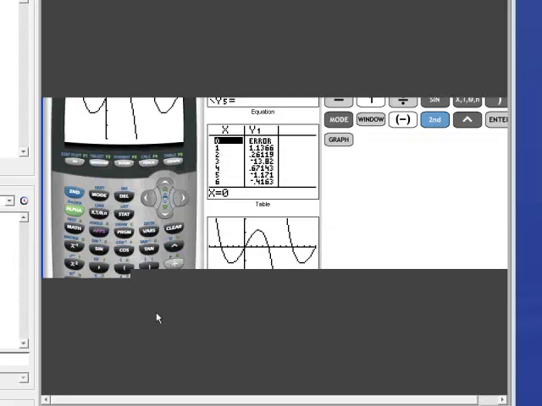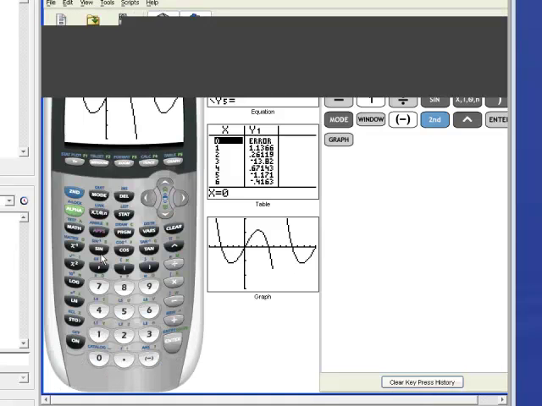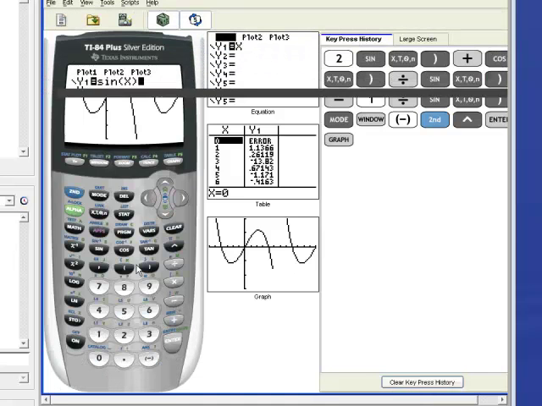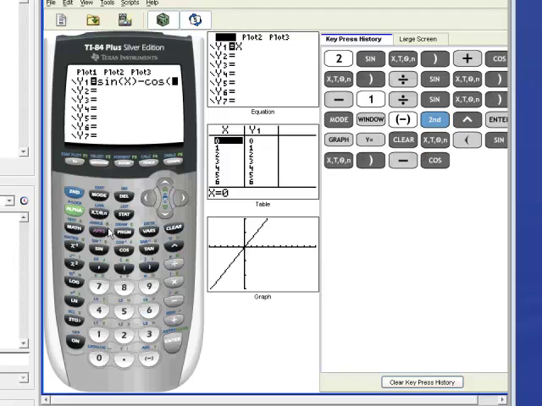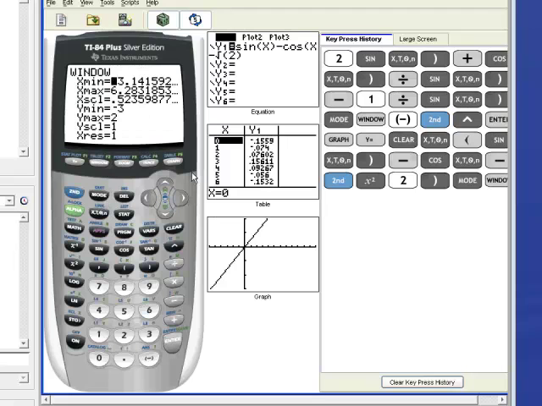So this one is going to be sine plus cosine minus the square root of 2. And I'm supposed to be in radians, so let's check. Yep, I am. And my window, sure, it's fine.